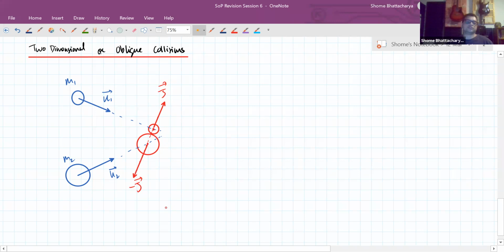These two are equal and opposite. Okay, and as a result of that, what might happen is that after impact, this might go off in this sort of direction, and this might go off in, let's say, this sort of direction.